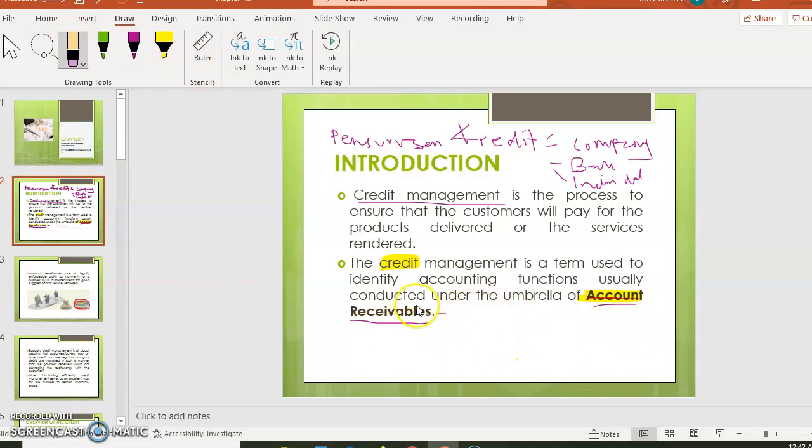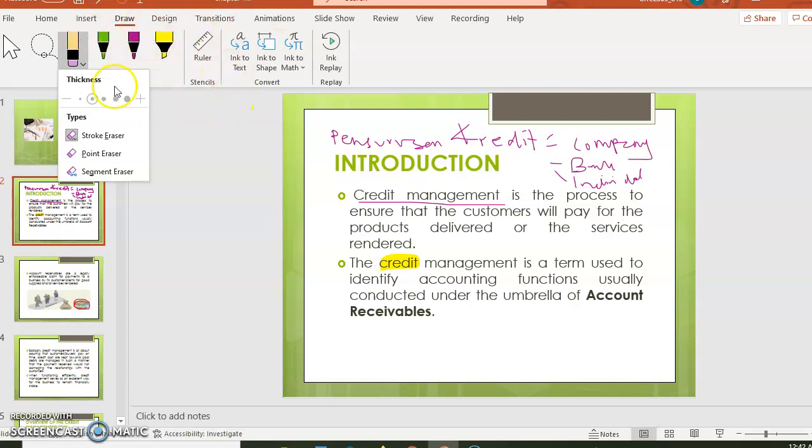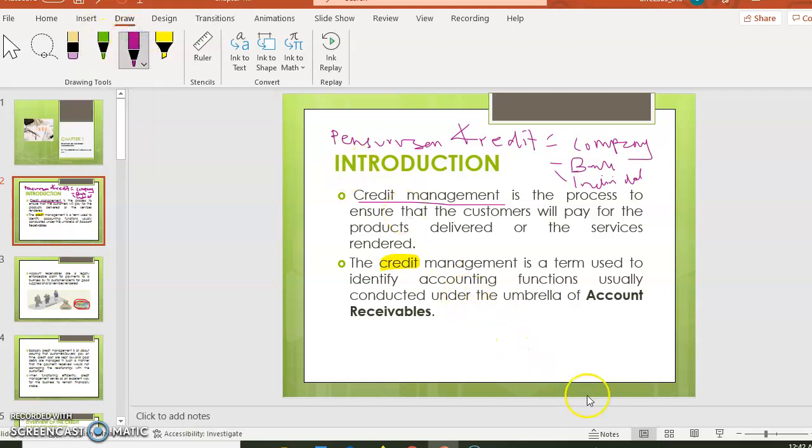So let me explain how this money comes from this account receivable. Simple example, the same one that I gave you during our meeting. Let's say you are handling a computer company, syarikat komputer maybe. There is one customer, katakanlah pihak sekolah ataupun pihak syarikat yang besar, dia beli komputer dengan company you.